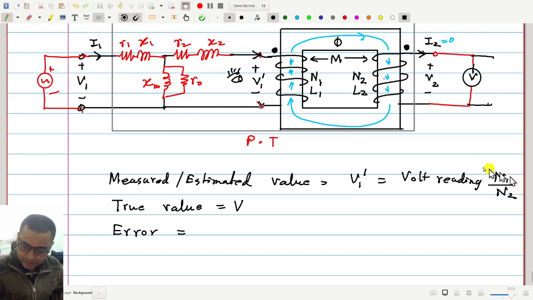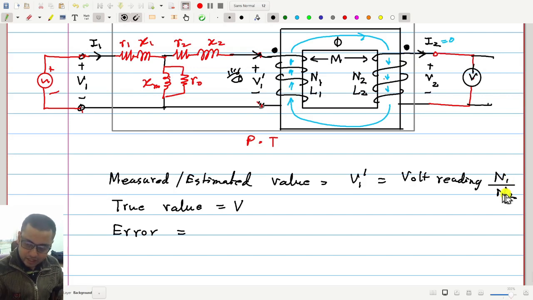So overall, there is an overall multiplication with this factor. The difference between what you get and what I get is only a constant, N1 by N2, so those errors will be proportional to each other.